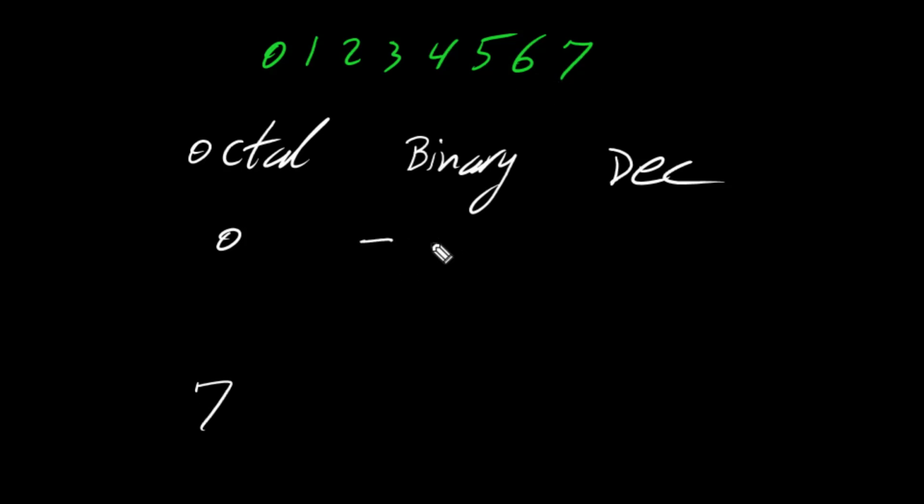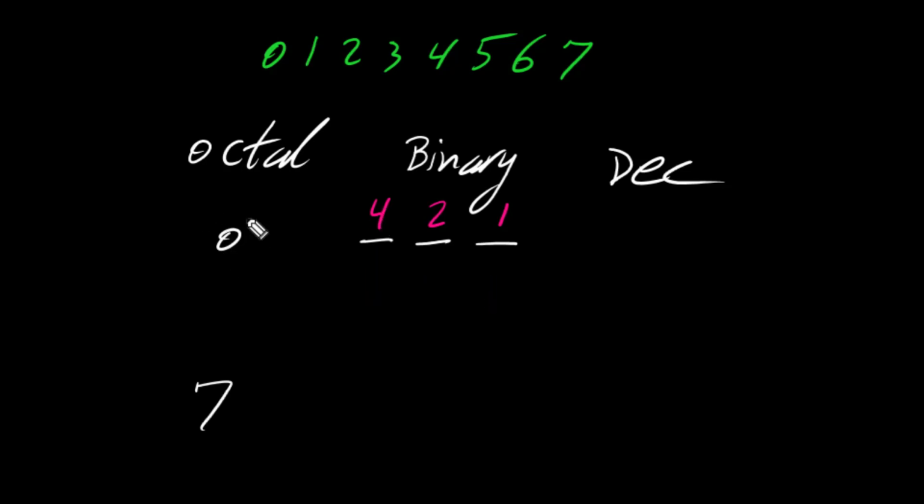Let's put the 3 bits, and the decimal values are 1, 2, 4. Again, this is binary, the base is 2, and the bit positions are 0, 1, 2. So base to the power of bit position gives us the decimal value here. 2 to the power of 0 is 1, since any number to the power of 0 is 1. 2 to the power of 1 is 2. 2 to the power of 2 is 4.